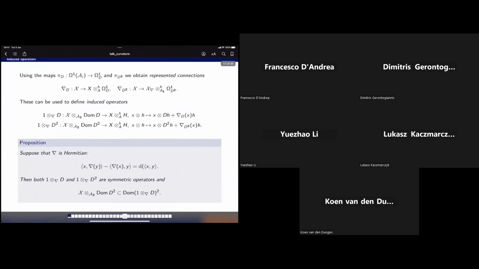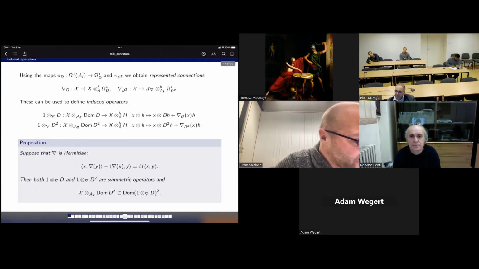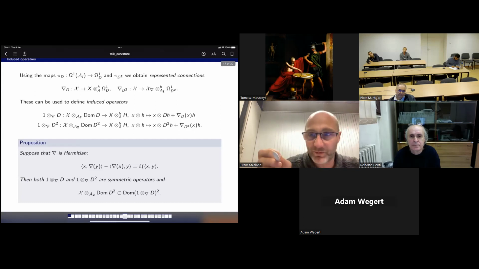Namely, we can represent them in this way, where we can use both the induction maps from D and from D squared. And of course, the ones from D squared only play a technical role. They don't really have an interpretation as forms. That I showed you, when you deal with two forms, this D squared becomes important.